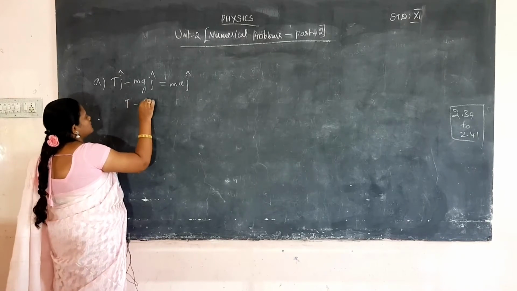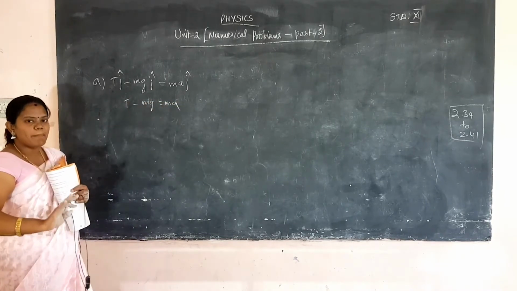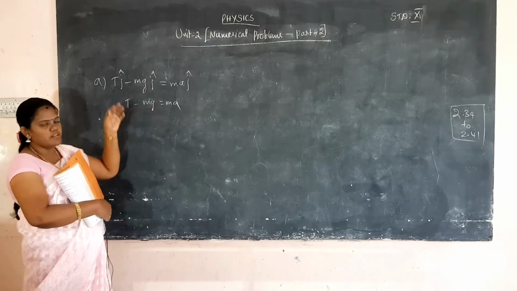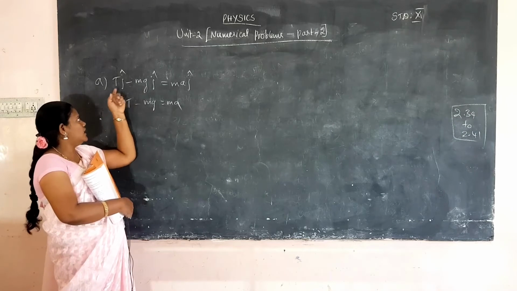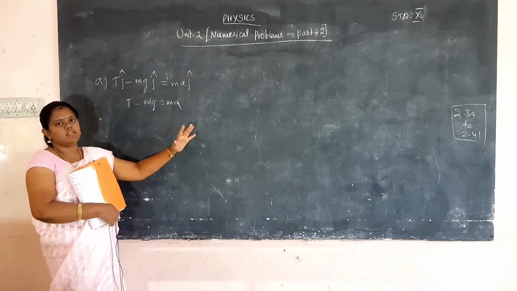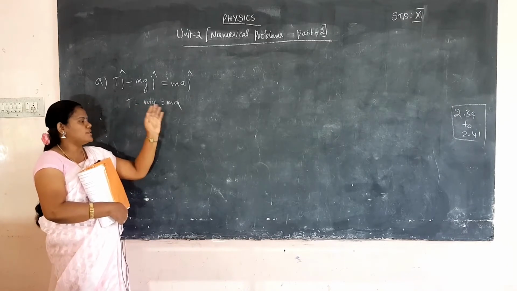So T minus mg is equal to ma. You just ignore the unit vectors and write the components only, the left side T and mg, and the right-hand side ma. So T minus mg is equal to ma.